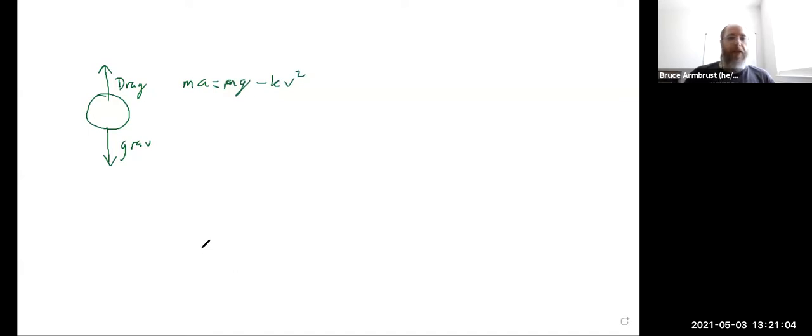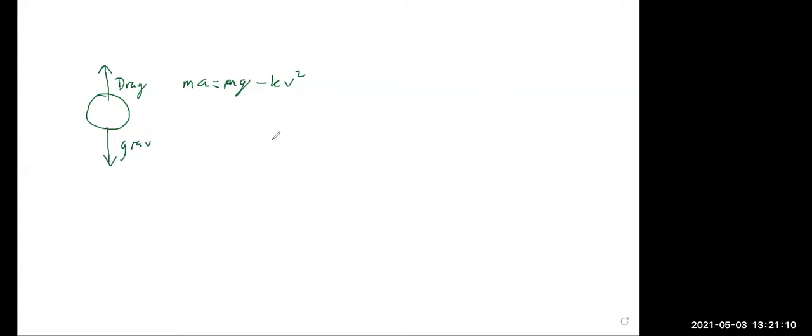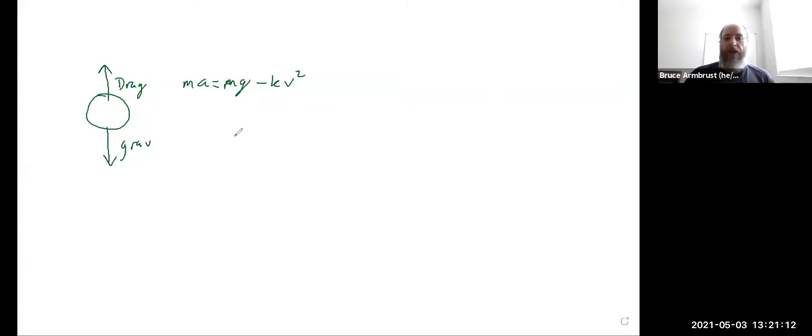All right, so at this point, how are we doing? So far, so good? Okay. So now let's start putting in what we know. We're told that this thing weighs 256 pounds. Well, of course, we're in this world, 256 pounds, this actually is mg.